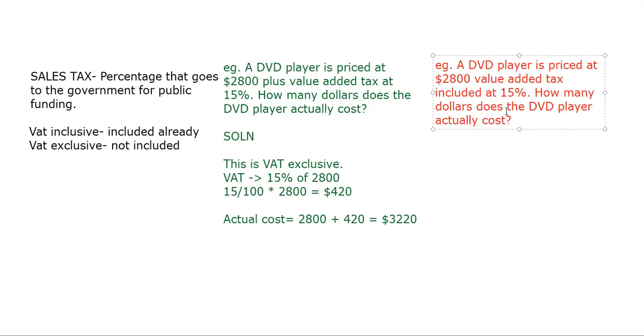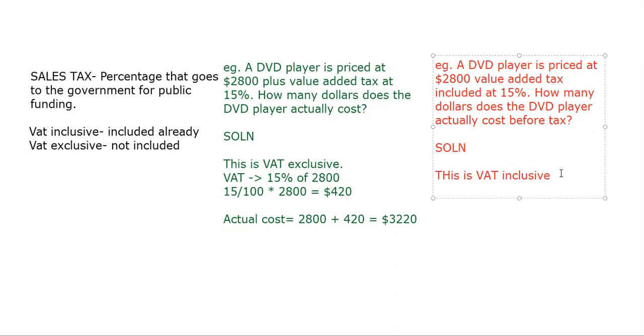How many dollars does the DVD player cost before tax? Right. So now they are saying that this is, so solution, we need to pick up, this is VAT inclusive, right? Priced at $2,800, value added tax included at 15%. So the tax is already added.